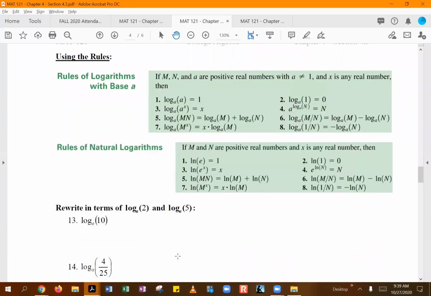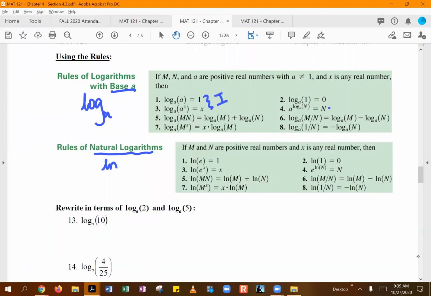This one over here is actually summarizing all of these rules that we have looked at. It looks like you have a lot more rules than we talked about, but they're actually modified versions of each other. Now, these rules over here with base A and these rules over here with natural logarithms are the exact same rules. They're just talking about base A over here, and natural log over here. But if you compare all 8 of these rules, they are the same. Rules 1 and 3 are based on your inverse rules.